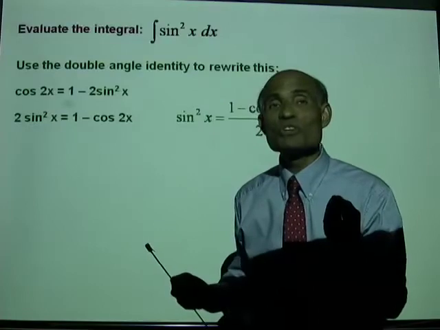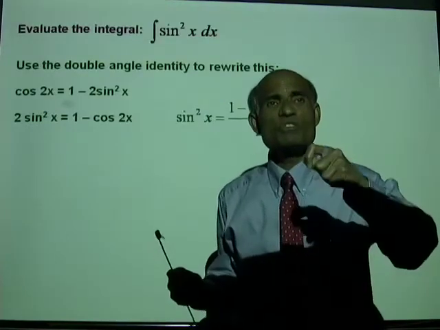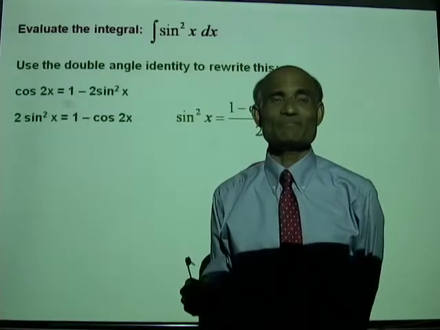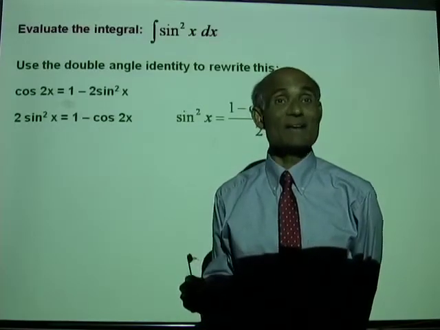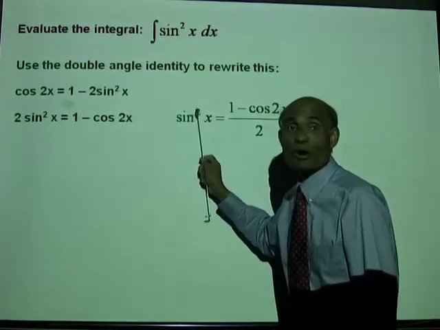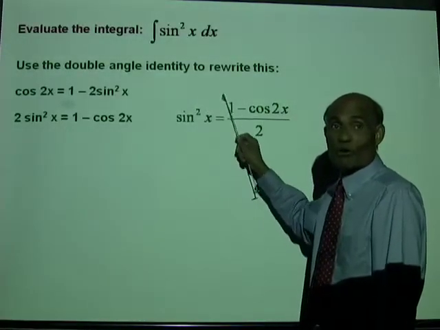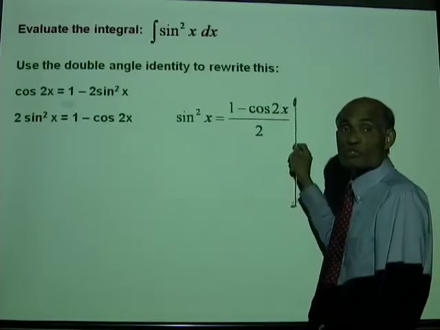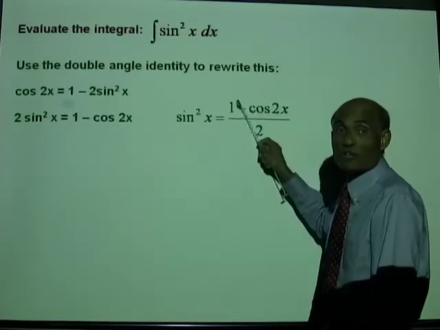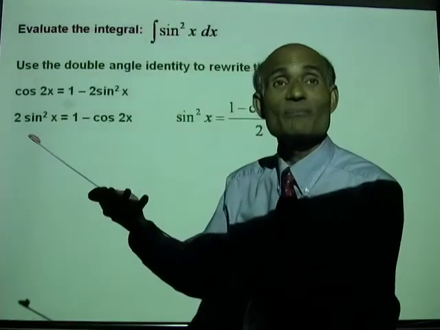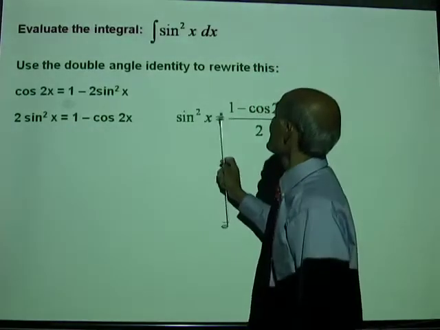Can we use the same method to integrate sine to the power of 4x? Yes, we can. Because if sine squared x is this, then sine to the power of 4x is this raised to the power of 2, and then expand and simplify. We can integrate that.